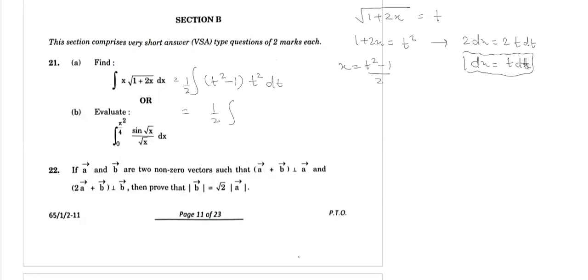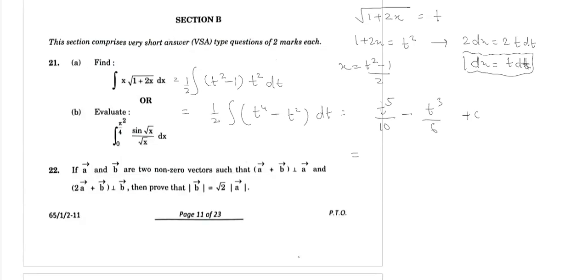Integration of this will be t to the power 4 minus t square dt. If you integrate it, you will get t to the power 5 upon 5 multiplied by 2 will be 10, minus t to the power 3 upon 3 multiplied by 2 will be 6, plus c.